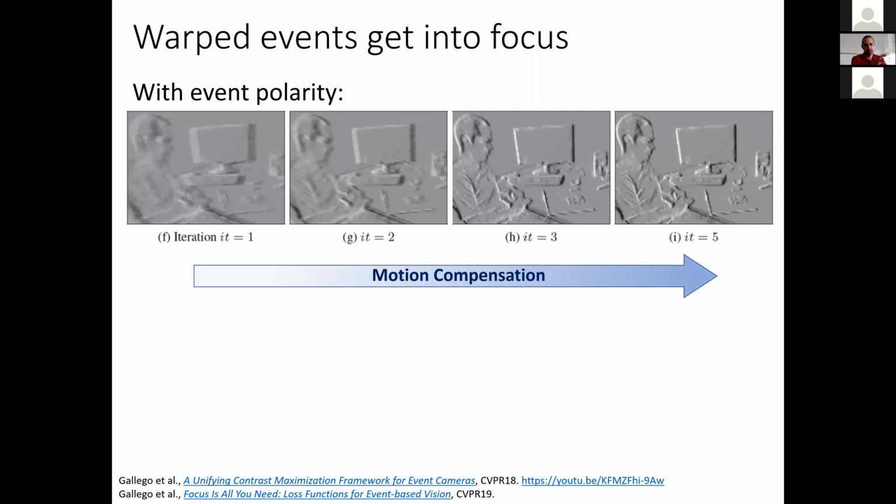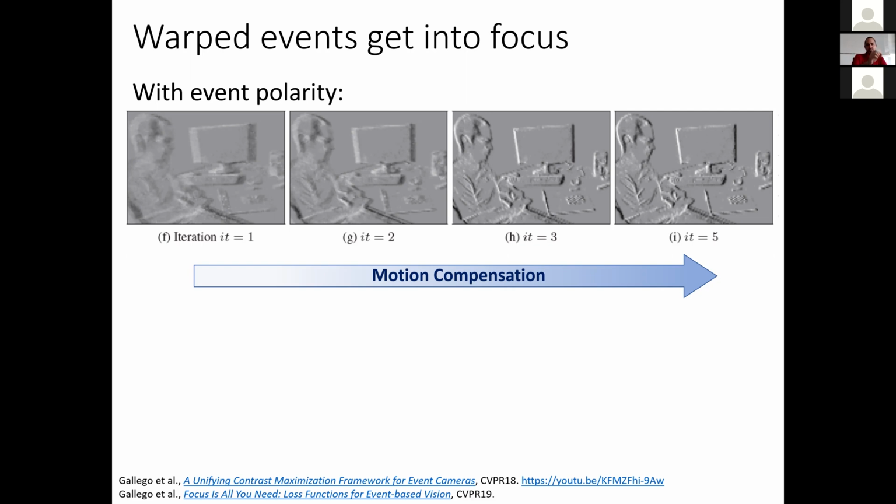So that was in 3D, but if you actually look at the intermediate results of the optimization algorithm, you see at the beginning that the image of warped events, counting how many events happen at each pixel, looks like a blurred image, and it has to be like that because the events are caused by an edge moving on the image plane.